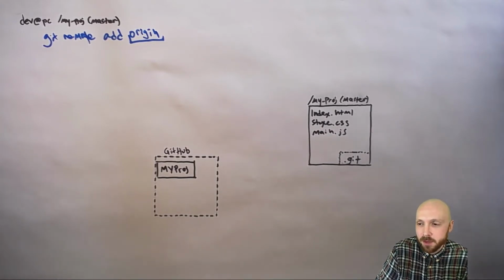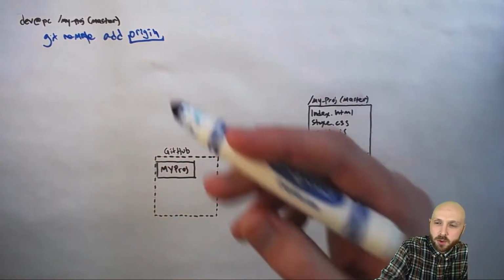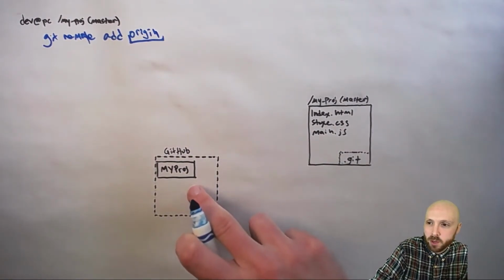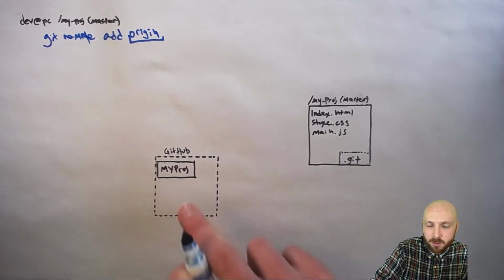Origin is just the name most people give the remote repo for their projects. So origin is the name of this remote repo, and finally we must give the address for this remote repository, the one that we were issued by GitHub over here.